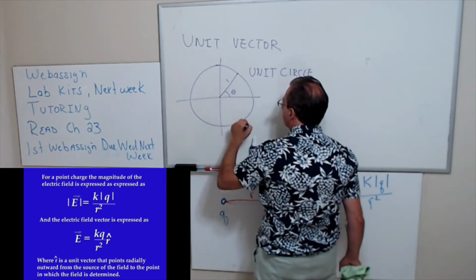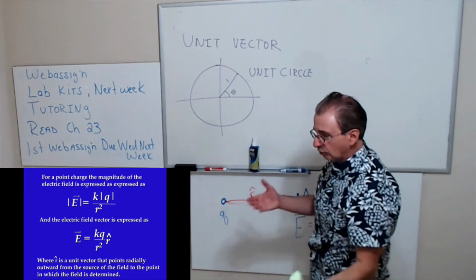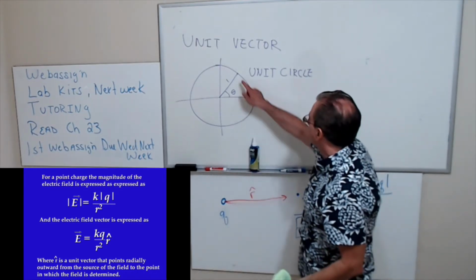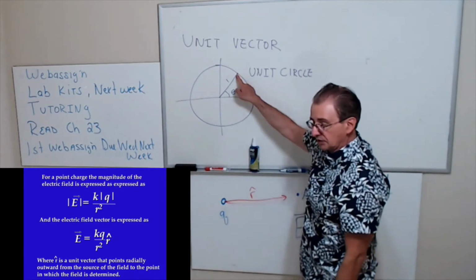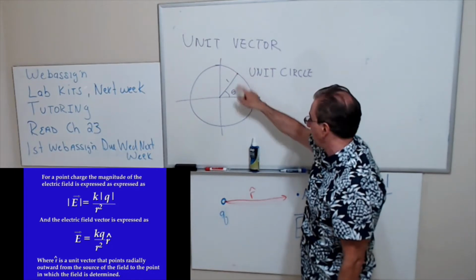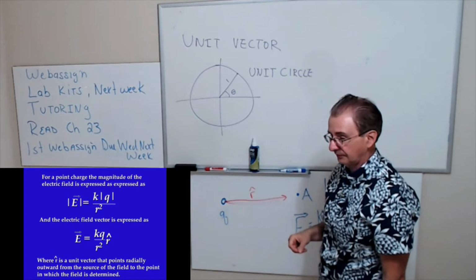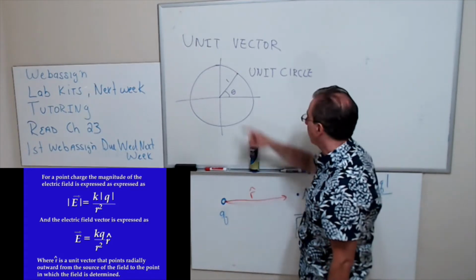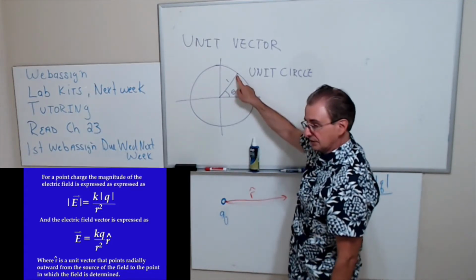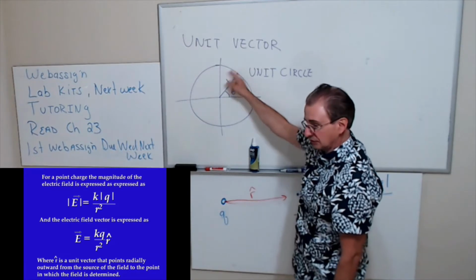This is the angle theta. And one of the things you did in trigonometry was to figure out the coordinates of this point on the unit circle based on its length and this angle. Well, the unit vector is based on the coordinates of the points on this unit circle.